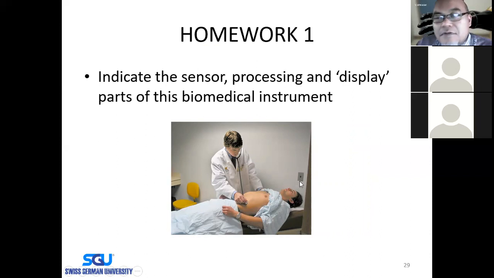Just put your answer as one simple sheet, scanned, to indicate from this picture which one is the sensor, which one is the processing unit, and the display, quote unquote, meaning that it is actually not in the form of visual information but rather in the form of acoustical information. Which one is the biomedical instrument? Of course it is the stethoscope of the doctor. Okay, that will be all for this.